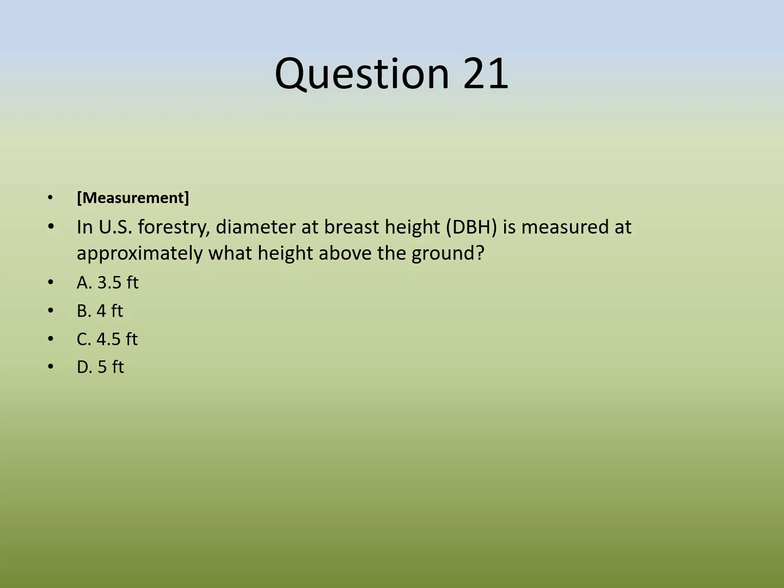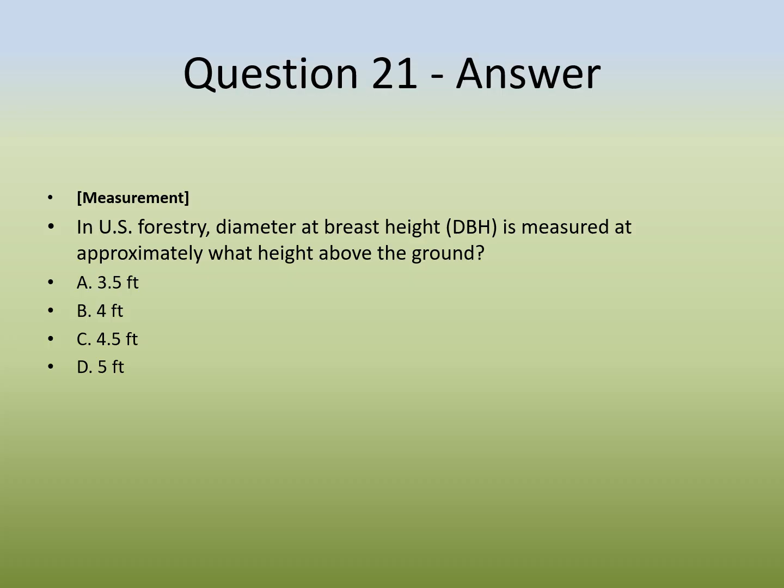In U.S. forestry, diameter at breast height, DBH, is measured at approximately what height above the ground? A, 3.5 feet, B, 4 feet, C, 4.5 feet, or D, 5 feet? Question 21, the answer is C, 4.5 feet.